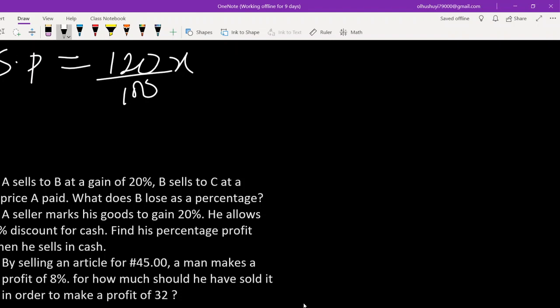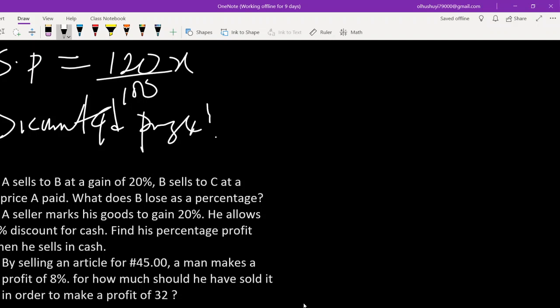He allows discounts for cash, or say discounted price. From 120, then 5% discount, remove 5 from there, you have 115 upon 100.